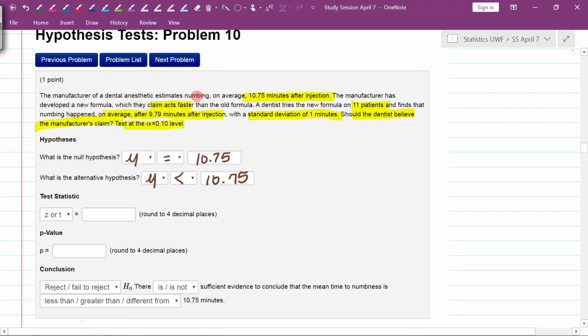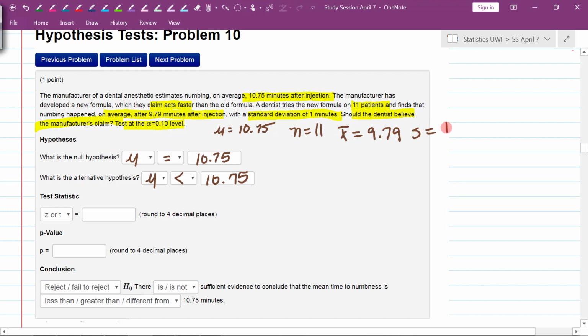Is it going to be a T or a Z? I didn't finish writing down my stuff. Let me write down all my stuff. Sorry, here I am jumping the gun. So mu is equal to 10.75. N is equal to 11. X bar is equal to 9.79 minutes.